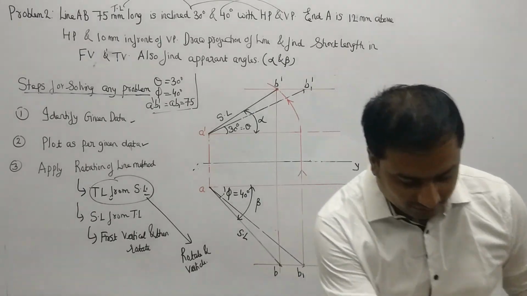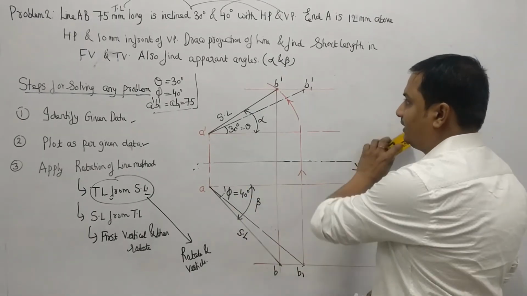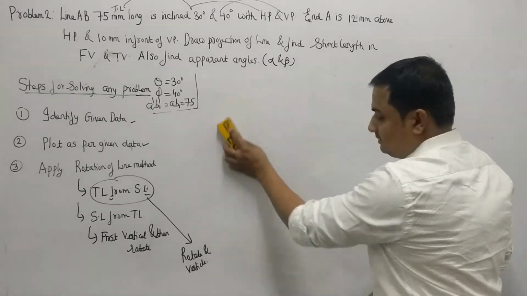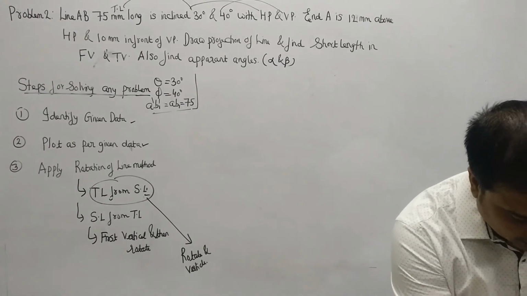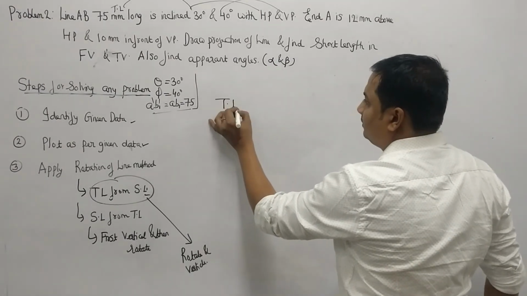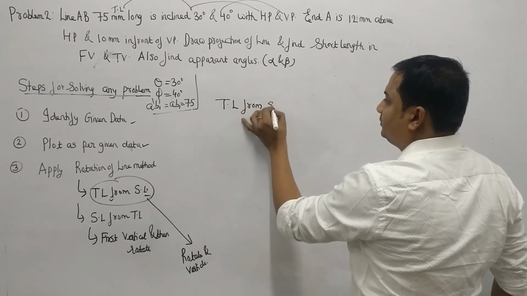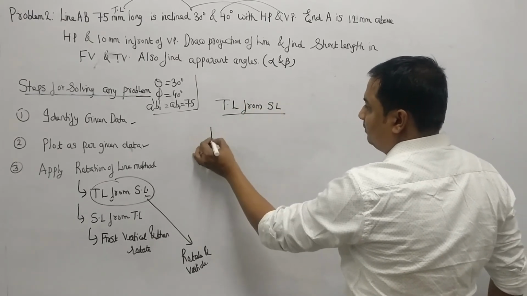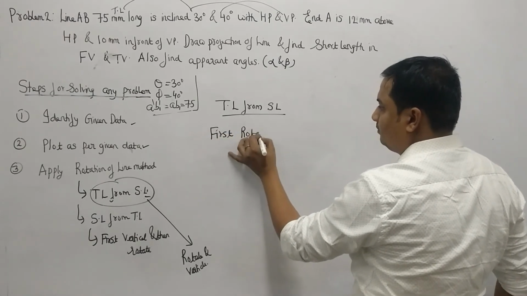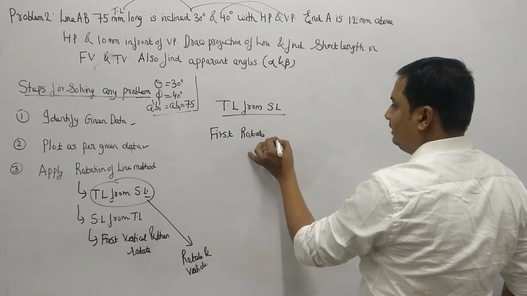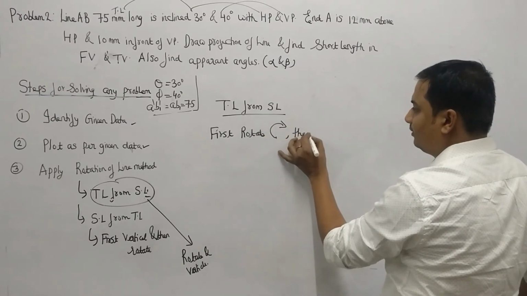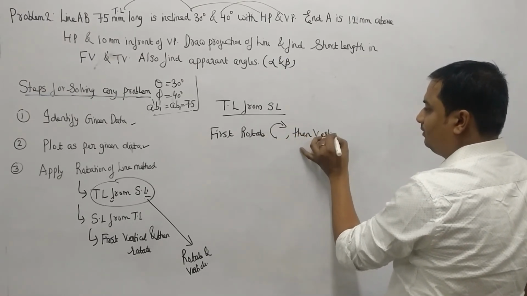Again, if you want, I will be writing this concept. I think this is clear to everyone. The concept is very simple. Please, you can note it down. Whenever you want to find the true length from the short length, first rotate like this, then drop vertical.